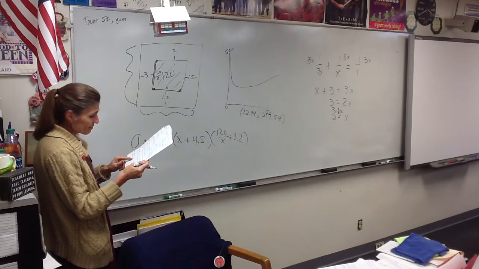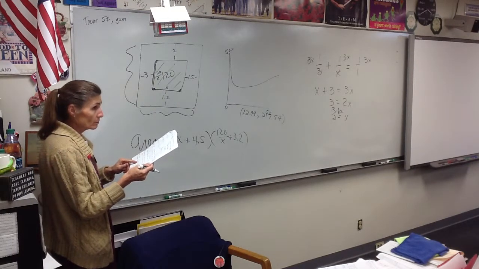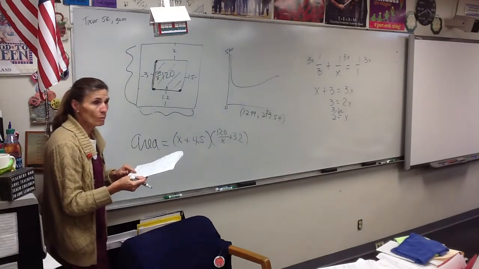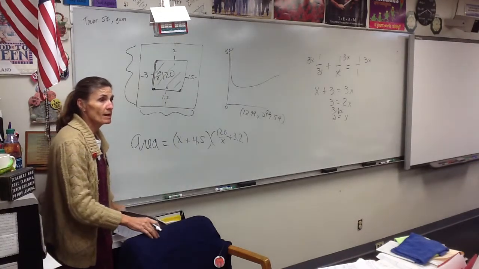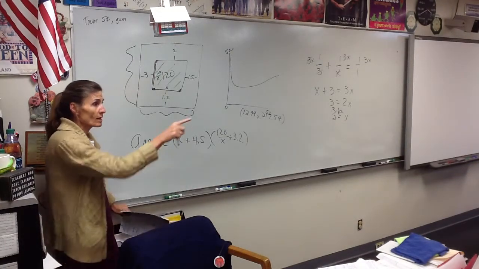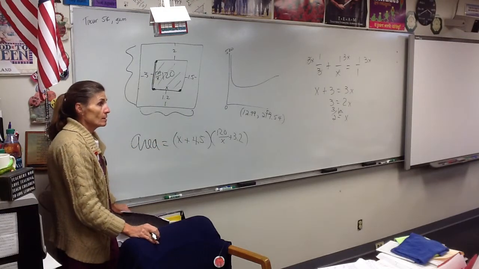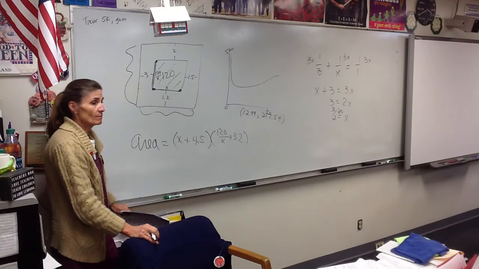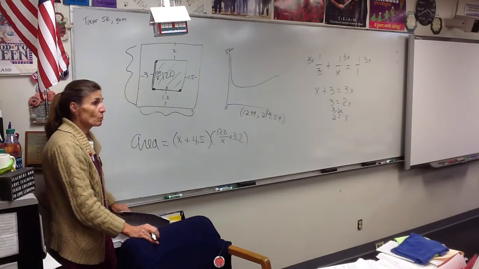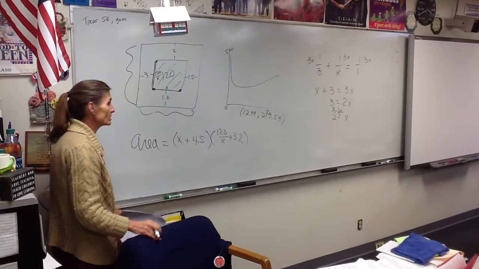Minimize the size of the paper. What do you think that means? What would I be wanting if it said minimize the size of the paper? The area? The smallest area. I want the smallest area, but I want the dimensions. What are the dimensions that are going to give me the smallest area?